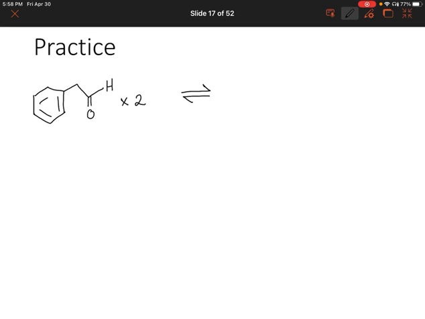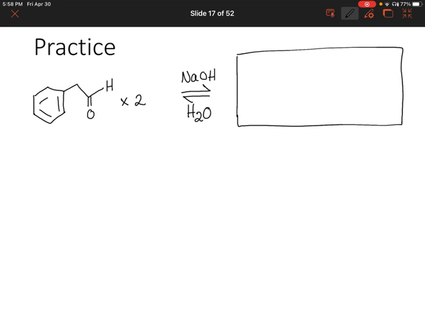And then we're going to, again, add sodium hydroxide and water. And then I would like you to pause the video and try to figure out what the product is for this aldol addition reaction. And then when you're done, we'll go over it together.